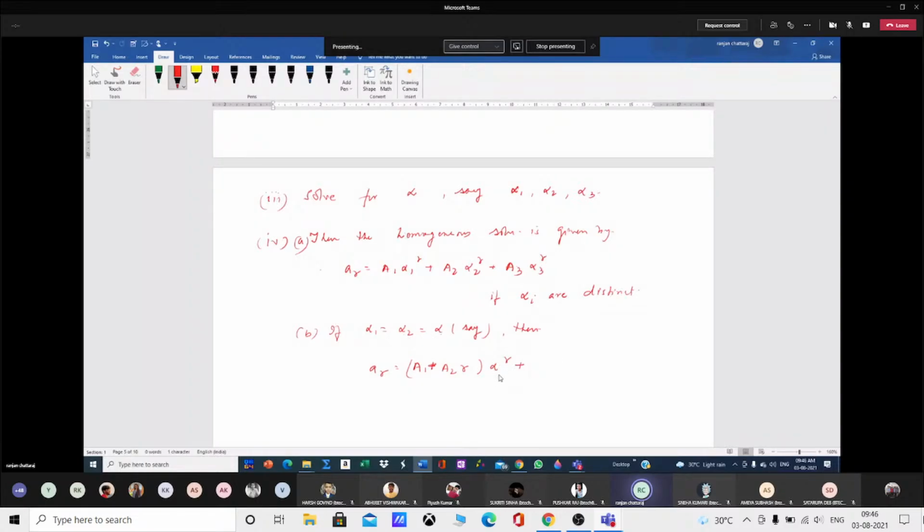You may write alpha 1 or alpha 2 also. No problem. And one is the distinct out of 3. So exactly it will come over here: A3 alpha 3 to the power r. Is it clear? So ultimately the final solution will be this. One question definitely comes from this.